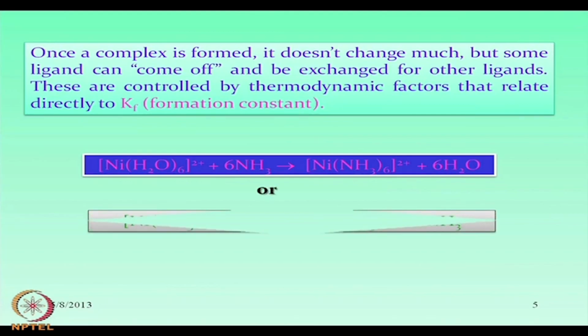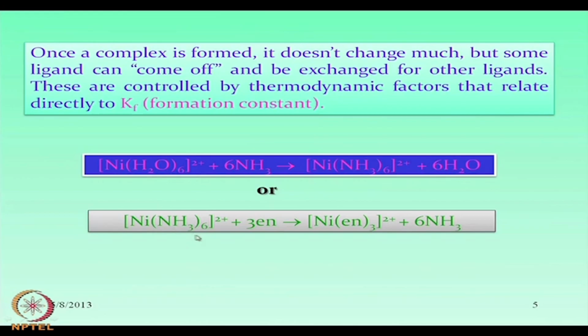Or we can consider that in another way, that we take some other ligand with that of the formed species. That means when the hexaammine nickel 2 ion is formed from the hexaaqua nickel 2 ion, it is further reacting with 3 molecules of ethylene diamine, and ethylene diamine is also nicely substituting all the 6 ammonia molecules.